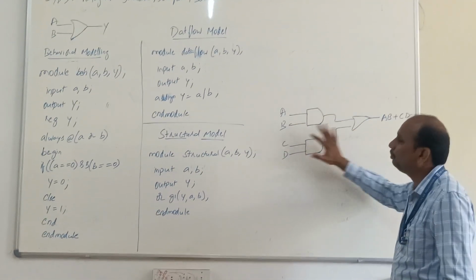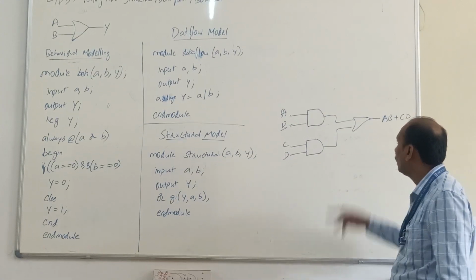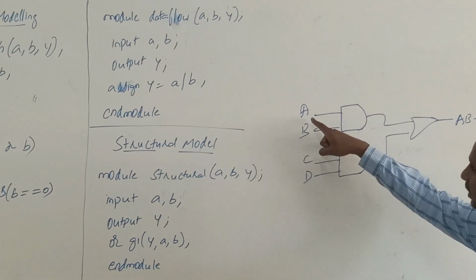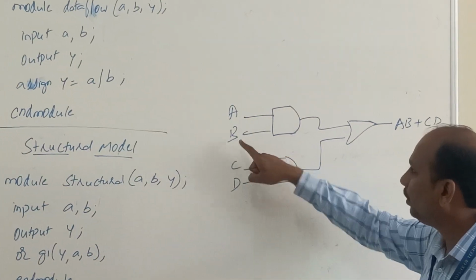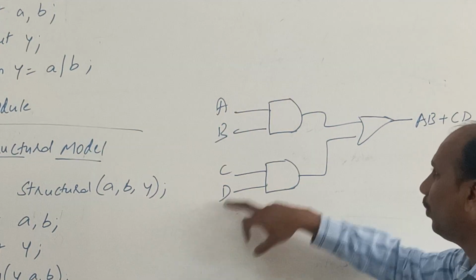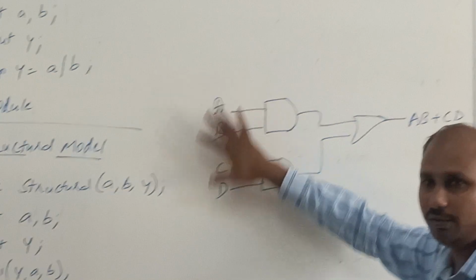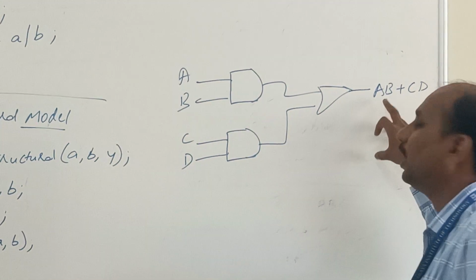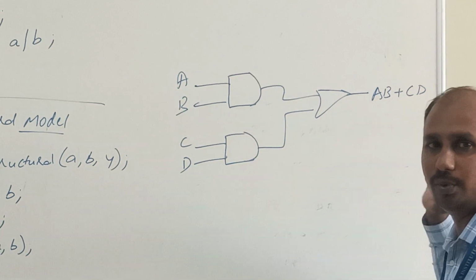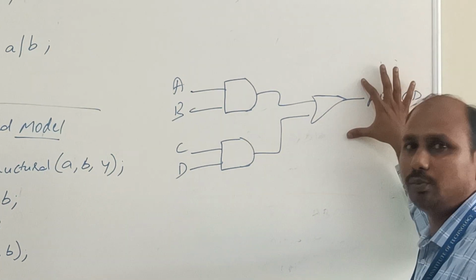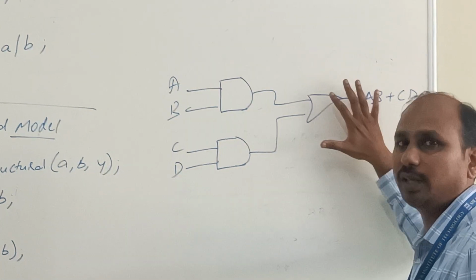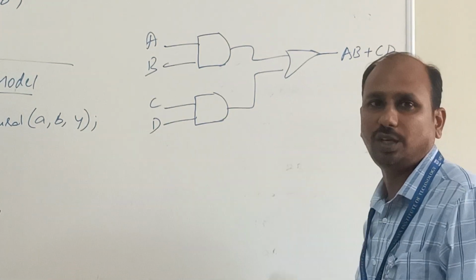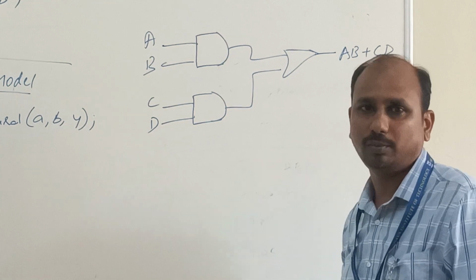This output is going to vary only if there is a change in the values of A, B, C and D. If any one of the values is modified, then I may come across a change in the output. So the circuit always depends on the behavior of how the inputs change. That is called the behavioral model.